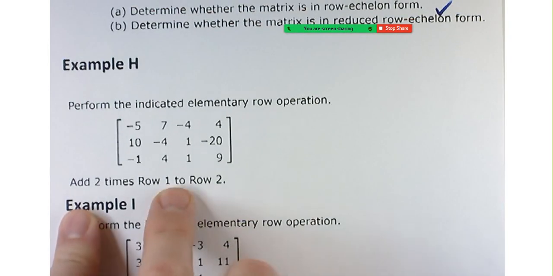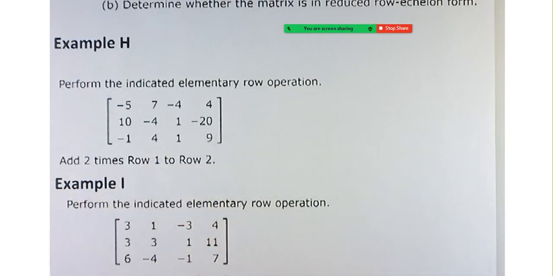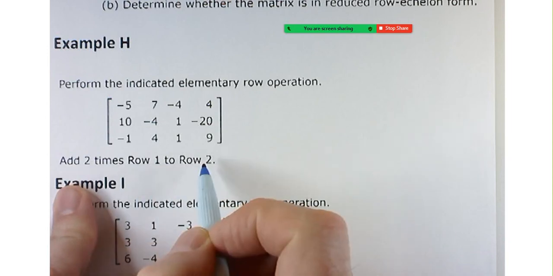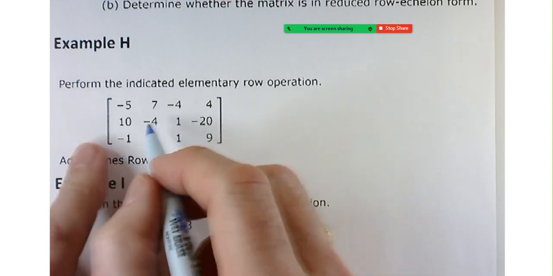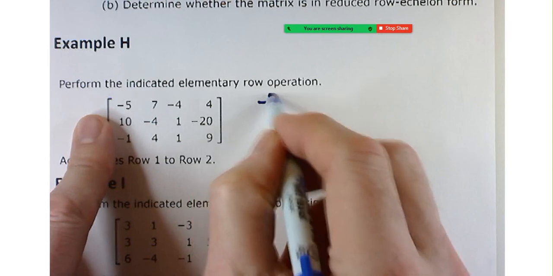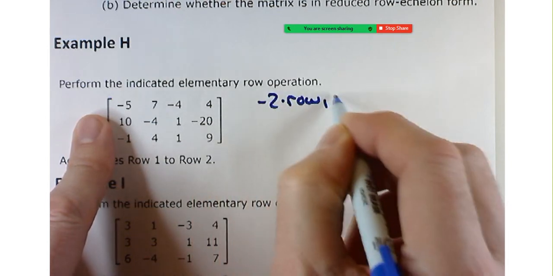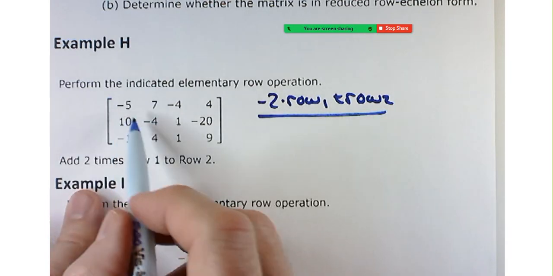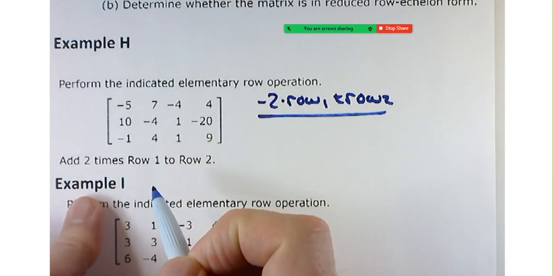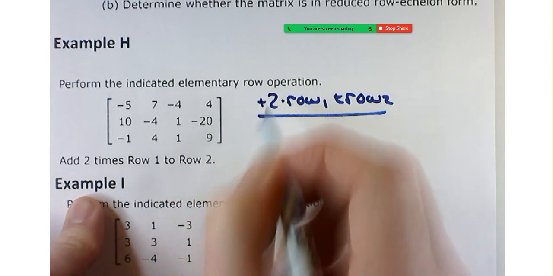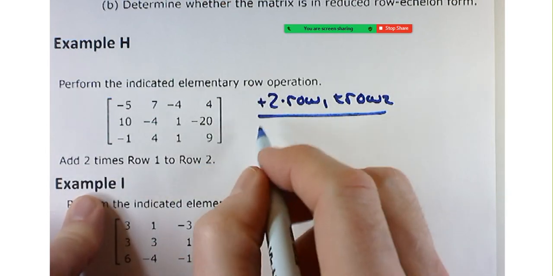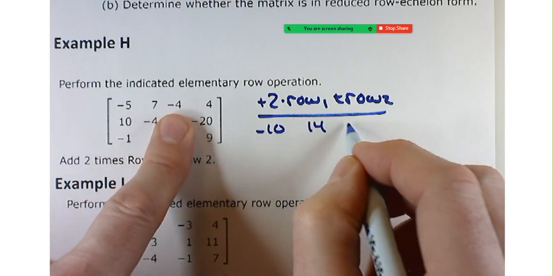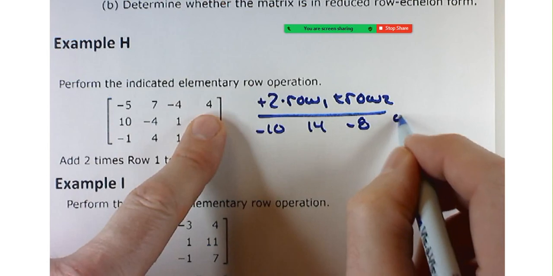So for instance, the instructions in example H are to add 2 times row 1 to row 2. So let's take a look at what that would be. 2 times row 1, not negative 2. 2 times row 1 would be negative 10, 14, negative 8, and 8.